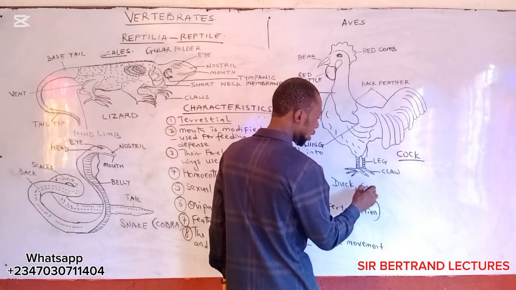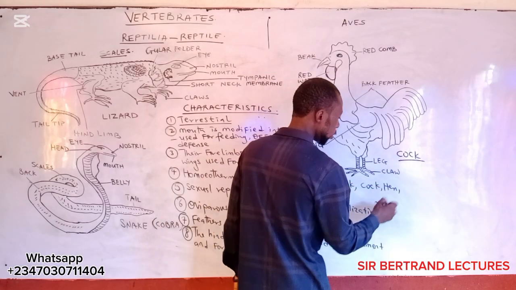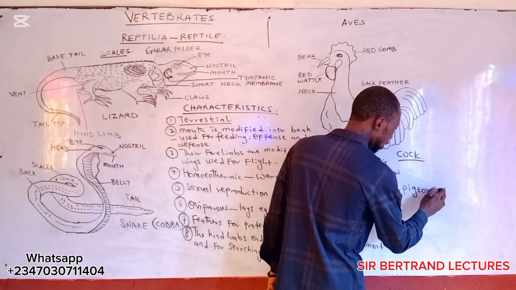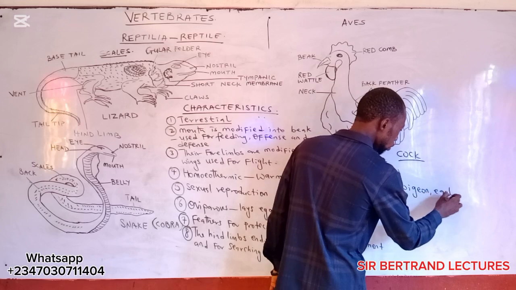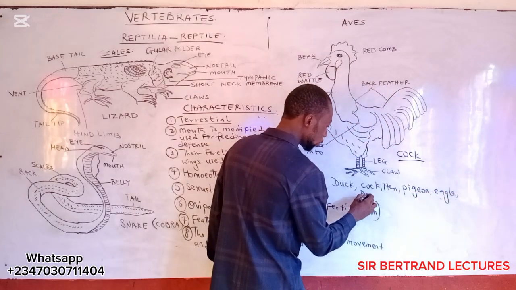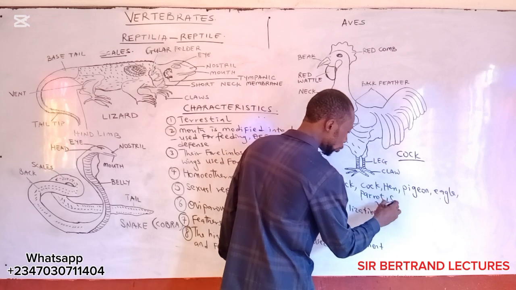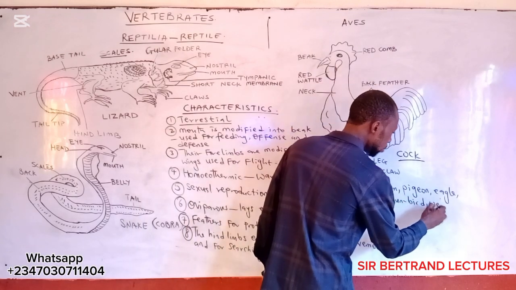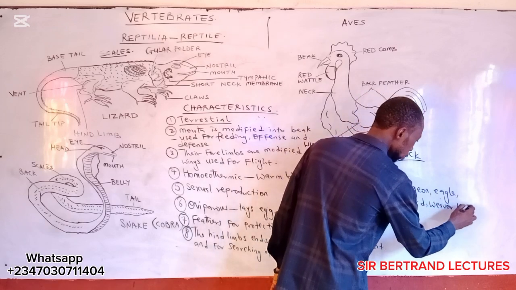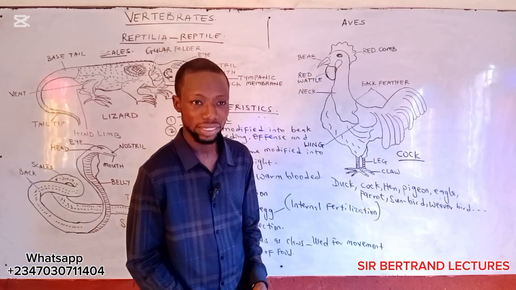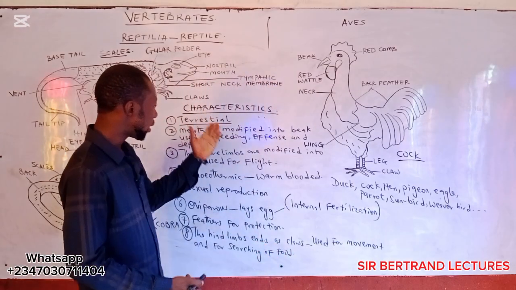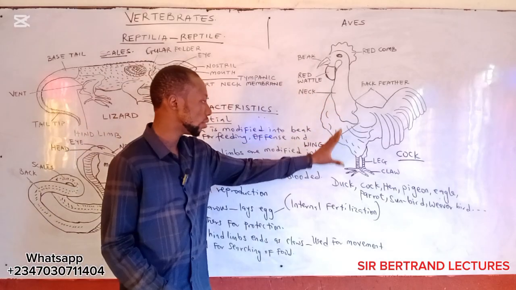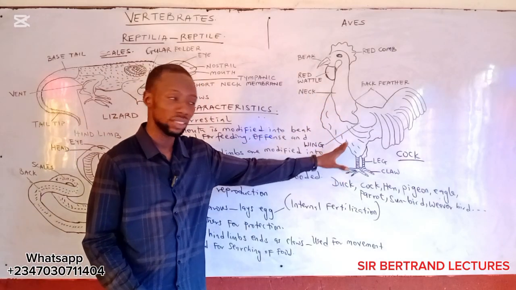Then cock we have on the board, hen, pigeon, eagle, parrots, sunbird, weaver bird, and so many other examples. These are the features which are used to classify the Aves into the class they belong, which is Aves.